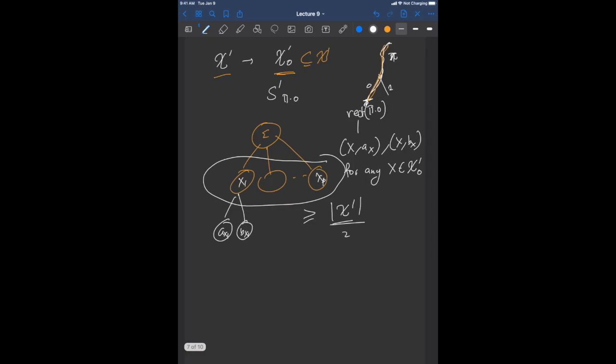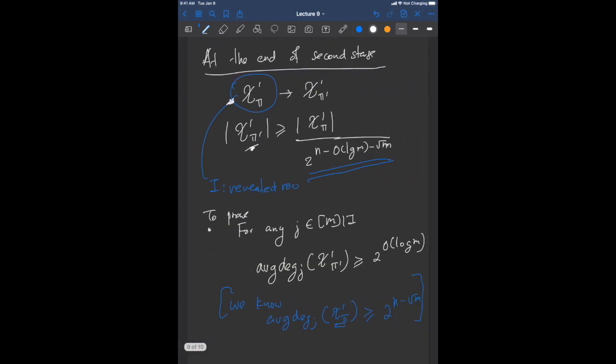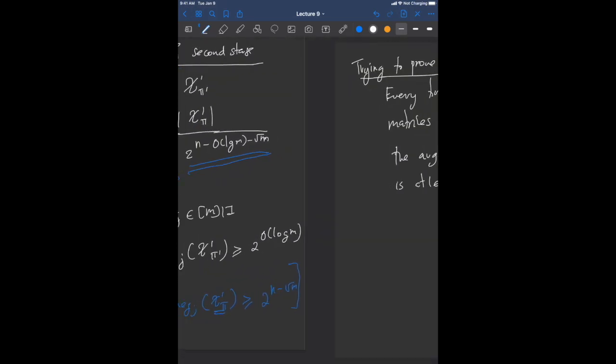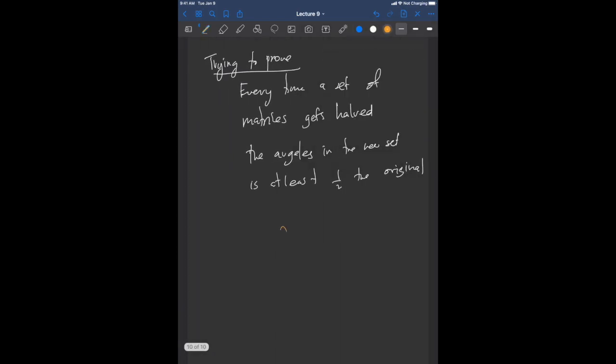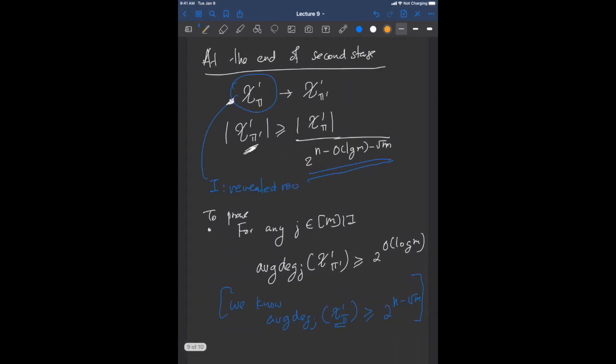So this is why we could say that the number of matrices at the end of second stage is at least the original set of matrices divided by this factor. And we knew that originally we had average degree 2 to the n minus square root m, and for every bit of communication we would halve this. So this would prove that at the end of second stage this is at least n minus order log m minus square root m, and if you cancel things out, what do you get? You get that this is at least 2 to the order log m, and this is what we want to prove.